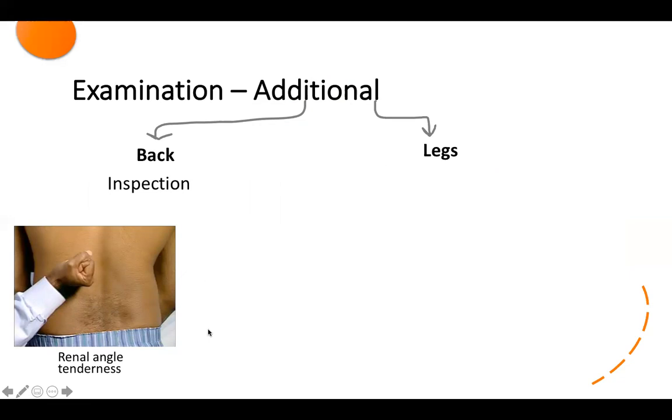This technique might differ between med schools and the way you're taught. But the way I was taught is you make a fist and then you gently tap below the ribs. While you're tapping, you want to make sure you look at the patient's face to see if they're in any pain, as well as ask them, are you in any pain? So it's a very gentle tap that you do on both sides.